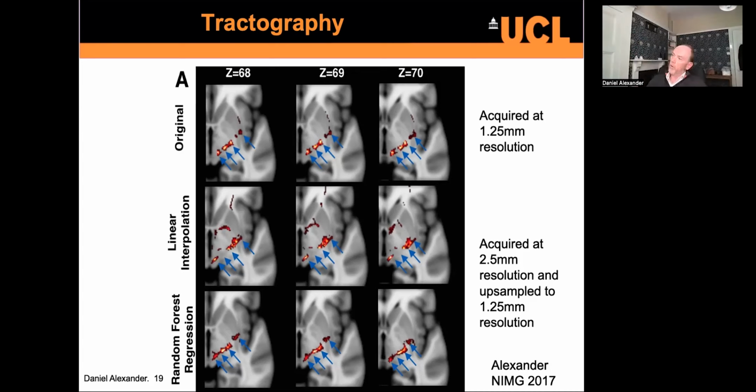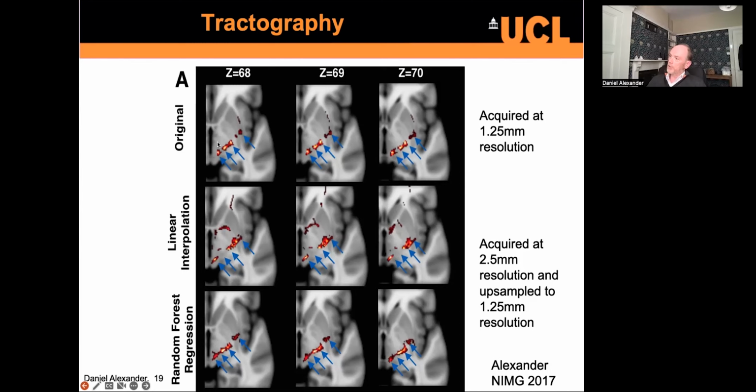Anatomists dissecting the brain know that there are 4 distinct pathways between those 2 areas. But to recover those 4 pathways with tractography requires quite a high resolution image, a higher resolution than one would normally be able to acquire on a standard hospital scanner, which would be more like 2.5 millimeter voxels rather than 1.25 millimeter.